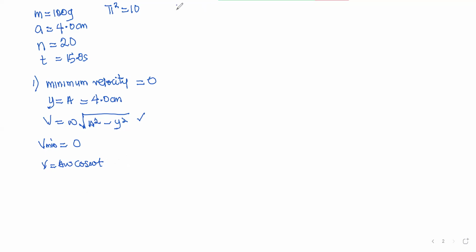And look at this. For a simple pendulum, at every 2 points, energy is said to be conserved. So this is the fixed point.